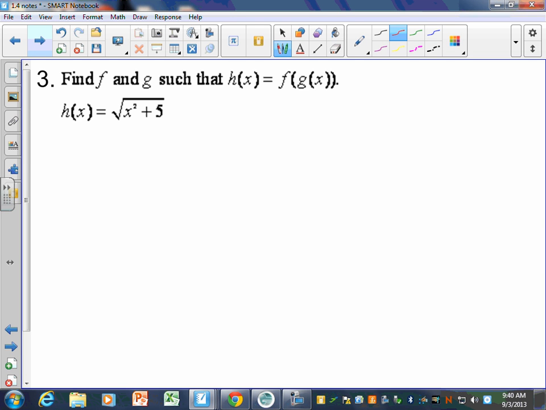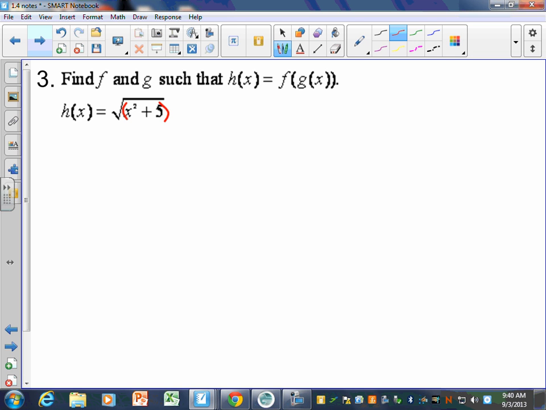But what you want to think about is when you do a composition, you have an inside function and an outside function. Once you do it a few times, it becomes a lot easier if you can look at it and see what's the outside function and what's the inside function. On this one, do you agree that a square root could be the outside function because it's the outer part, and then this maybe could be my inside function?